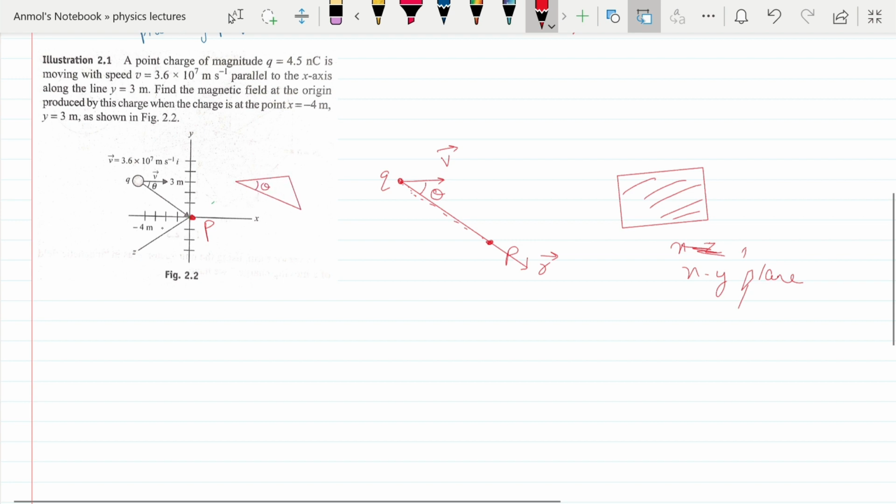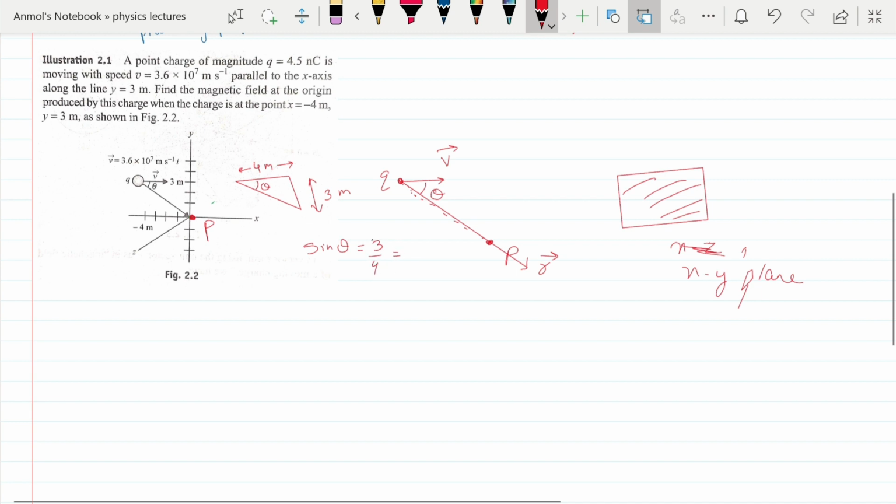So this distance is 4 meters, and this distance is 3 meters. By that sense, theta can be taken as, if you take 4 as base and 3 as perpendicular, 3 by 4.